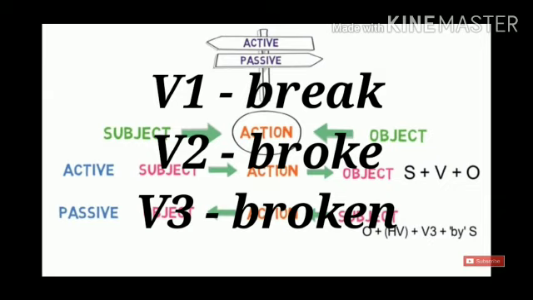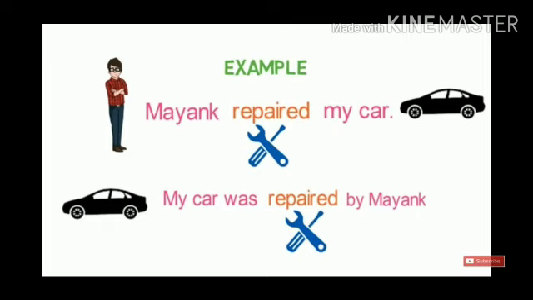Here see the example. Mayank repaired my car. The same sentence in passive voice: my car was repaired by Mayank. The sentences have the same meaning but the emphasis changed. In the first sentence, the subject Mayank has been given more importance.